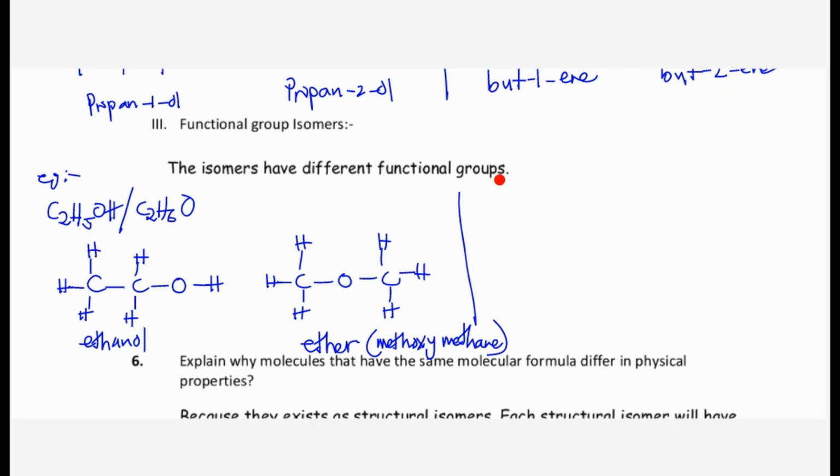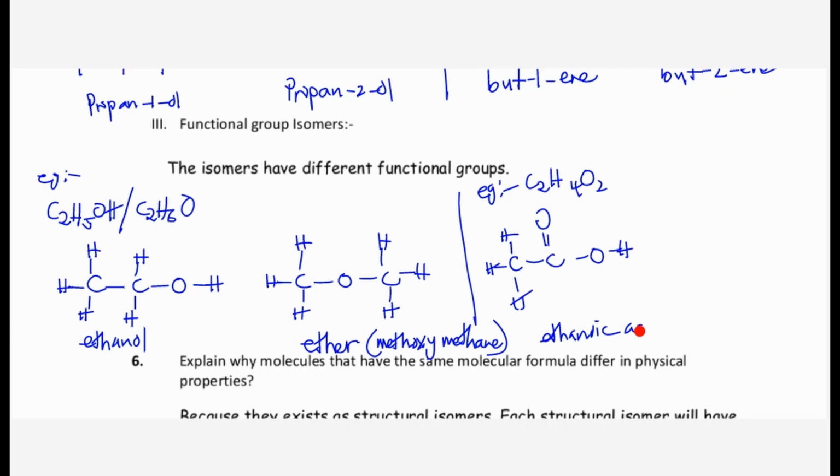And the next, another example, say this molecule, which is a carboxylic acid, ethanoic acid. So you have C2H4O2. This is ethanoic acid. Now, this is a carboxylic acid. I can also draw a molecule like this. It has a different functional group. This is the ester functional group.